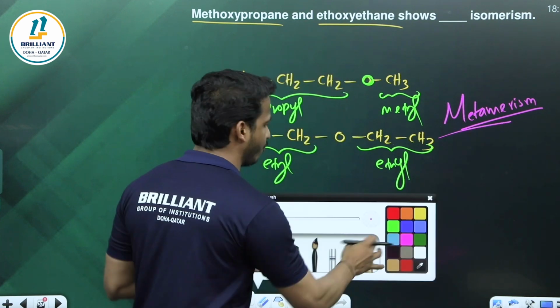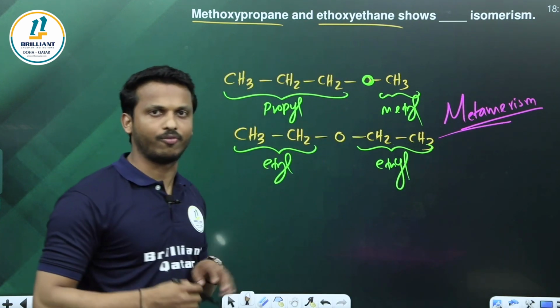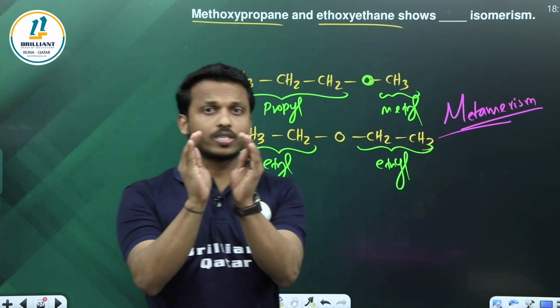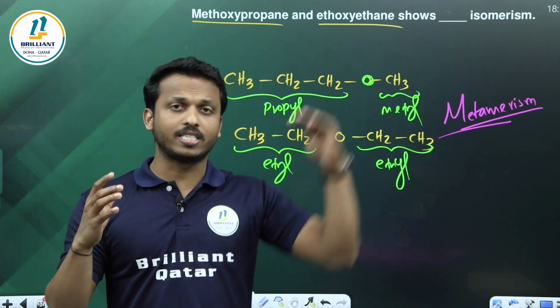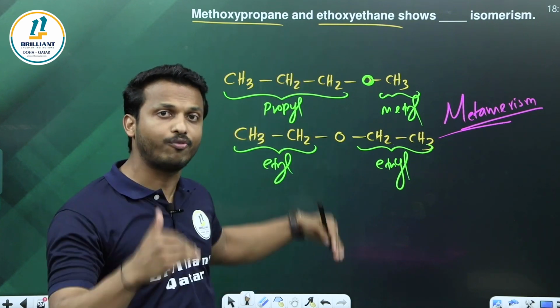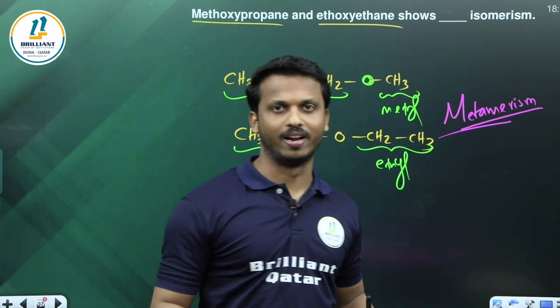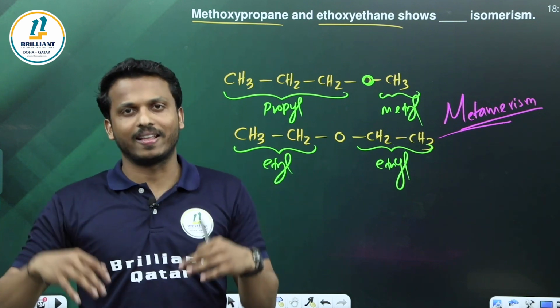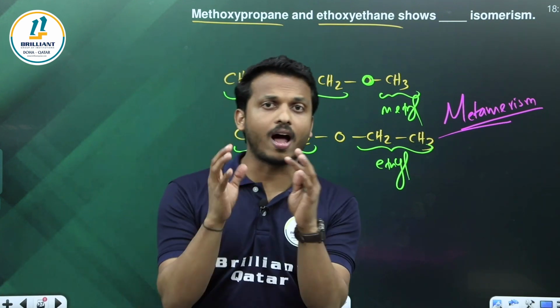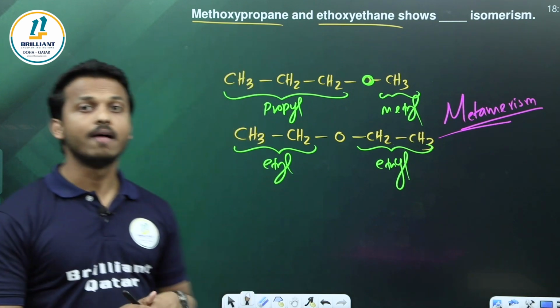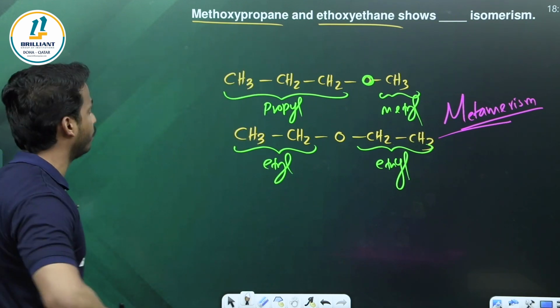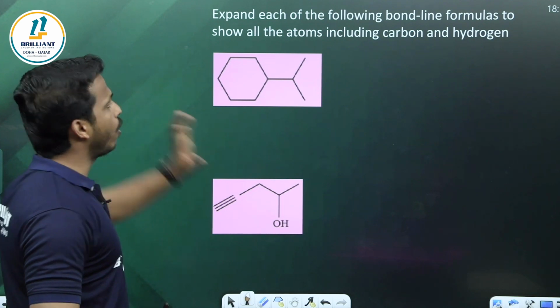It's actually a type of positional isomerism, right? But in ether, on the oxygen, you check the left and right groups. If the groups are different, the formula is the same but the groups are different: one propyl, one methyl, one ethyl, like that. So same formula, but different alkyl groups on the left and right of the functional group is what we call metamerism.